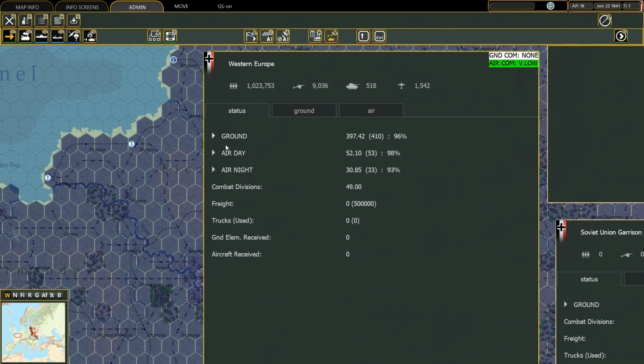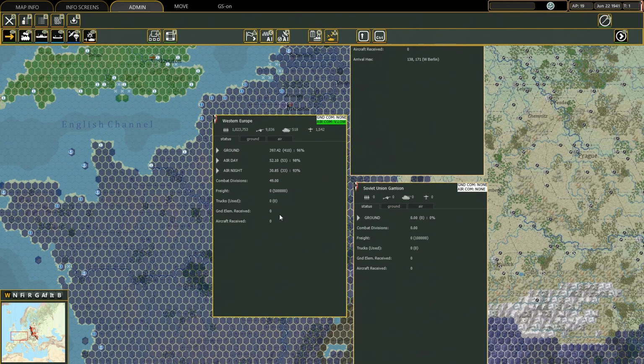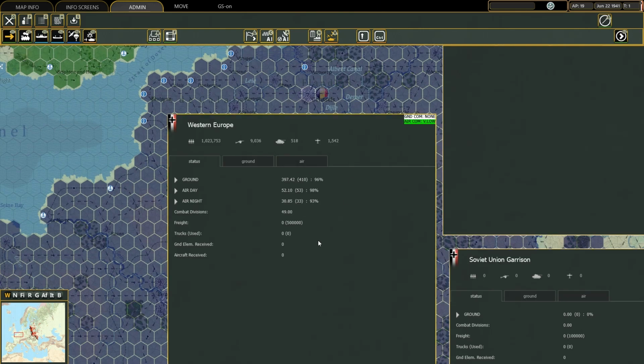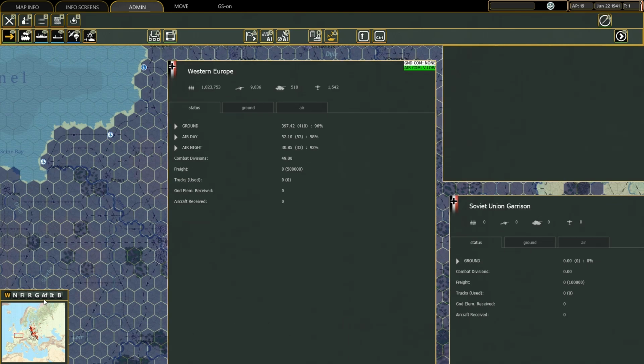One thing before diving into the details is that there are some differences in terms of supply priority in theater boxes, because they are all set at the supply priority of level 4, but the North African theater box, which has a supply priority of level 3.